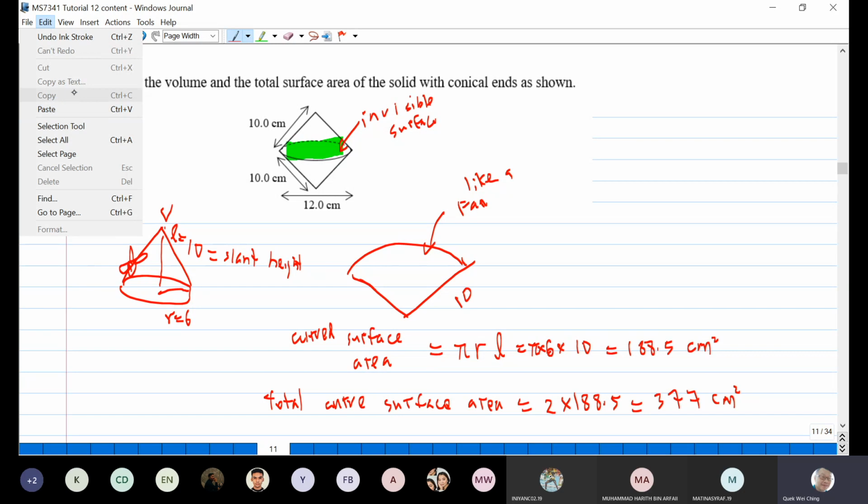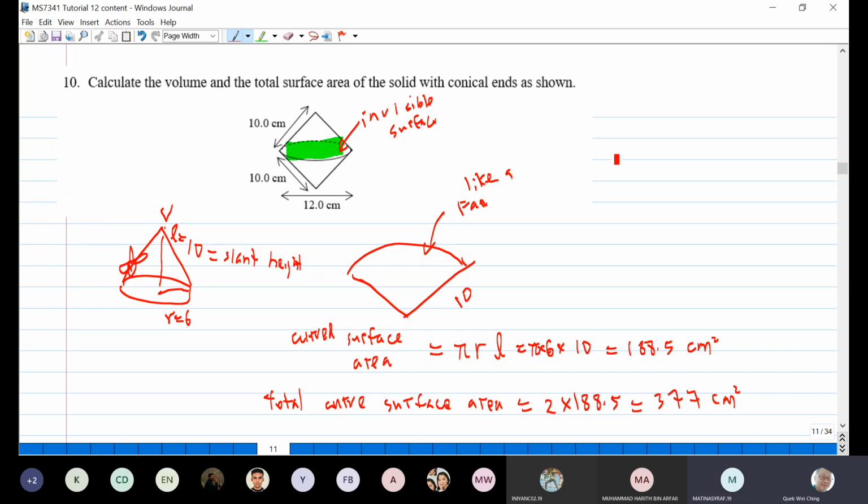Total surface area. So we are looking at this one. So there's a formula for total surface area, curved surface only in this case. So the formula is pi r l for a cone's curved surface area. When you cut it open, it looks like a fan.